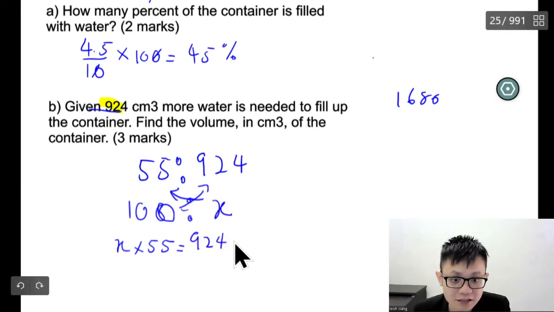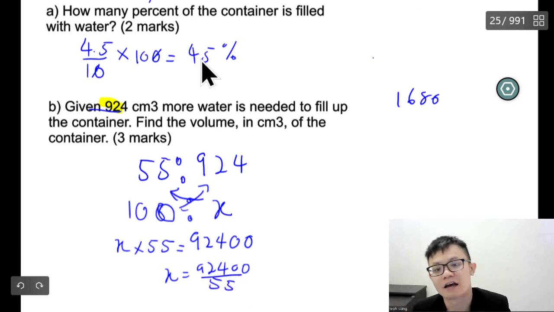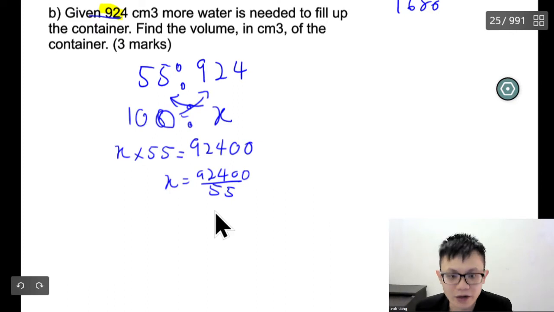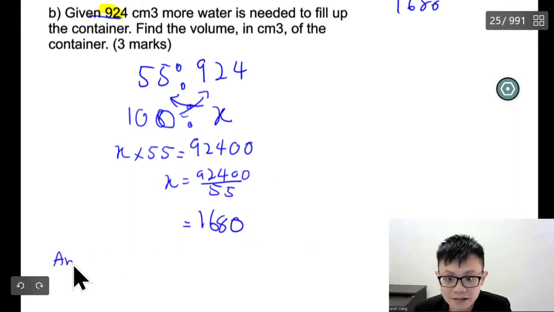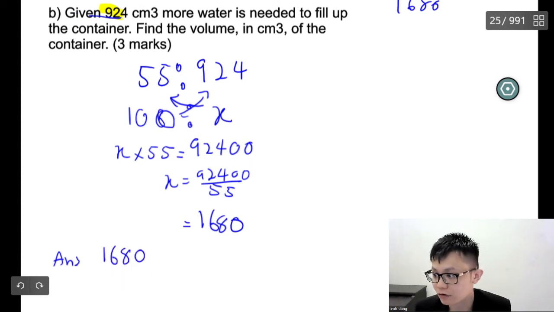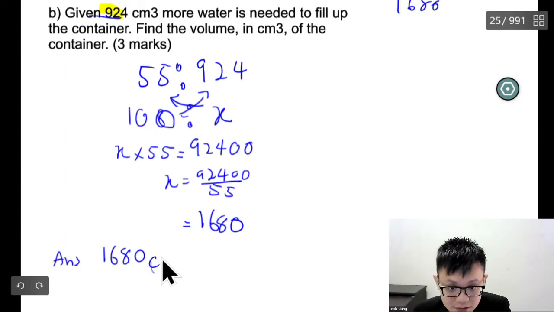Because I use 92400. x equals 92400 divided by 55. You do your calculation on the paper, you should be able to get 1680. So the answer is 1680. What is the unit? The unit will be cm cube. Correct or not? So I just put here cm cube.